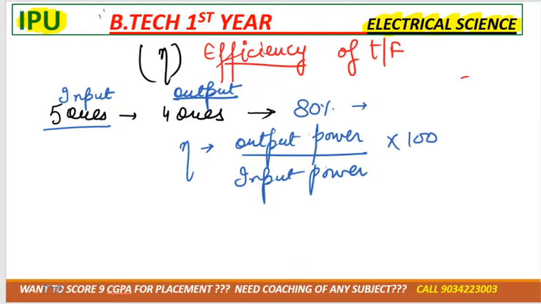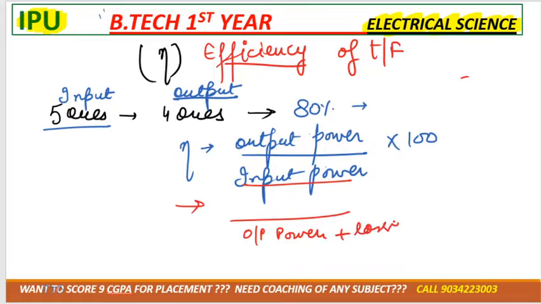and it's always in percentage, so multiplied by 100. Okay, so now the next thing, can we write down input power as output power plus losses? You have done 4 questions in the output, plus 1 question is the loss.